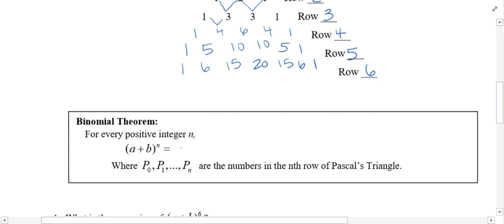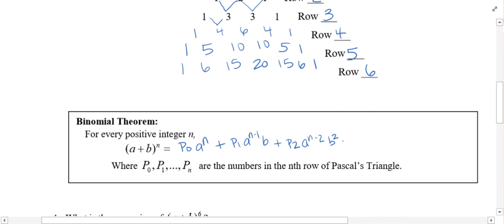We're going to call the coefficients p sub 0 for a to the n, plus p sub 1 a to the n minus 1 times b, plus p sub 2 a to the n minus 2 b squared.